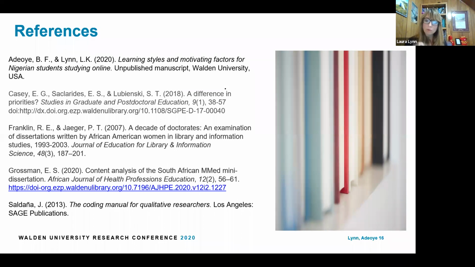But it's really important to note that it was a medical school with an add-on mini dissertation, which they decided to discontinue because they weren't finding strength in the studies. It has a very different context than a PhD dissertation. So we looked at other types of content, but I wanted to call that out because it had different findings in a very different context.